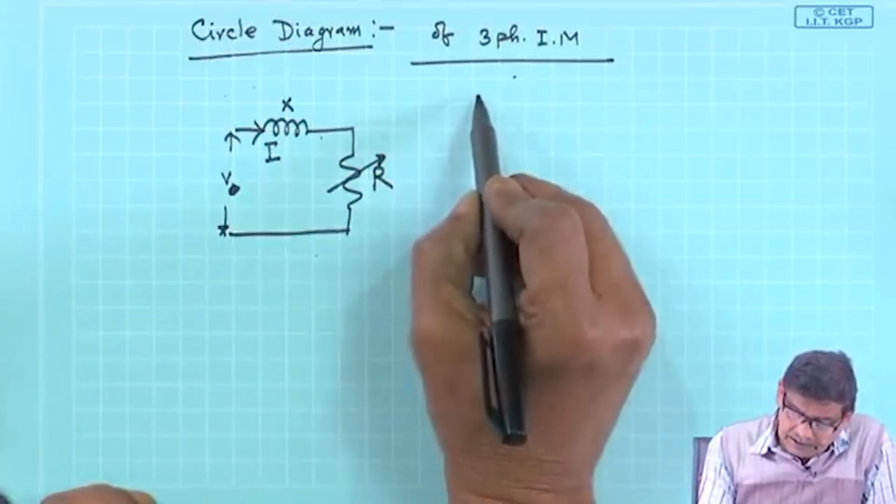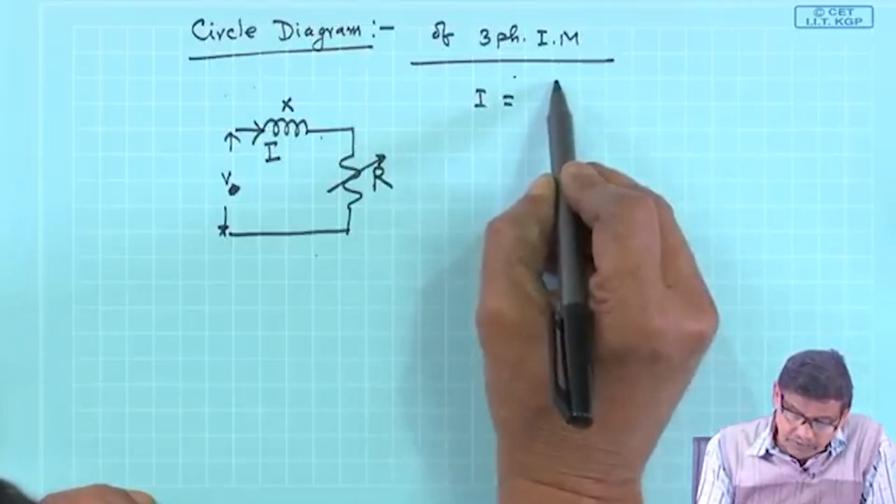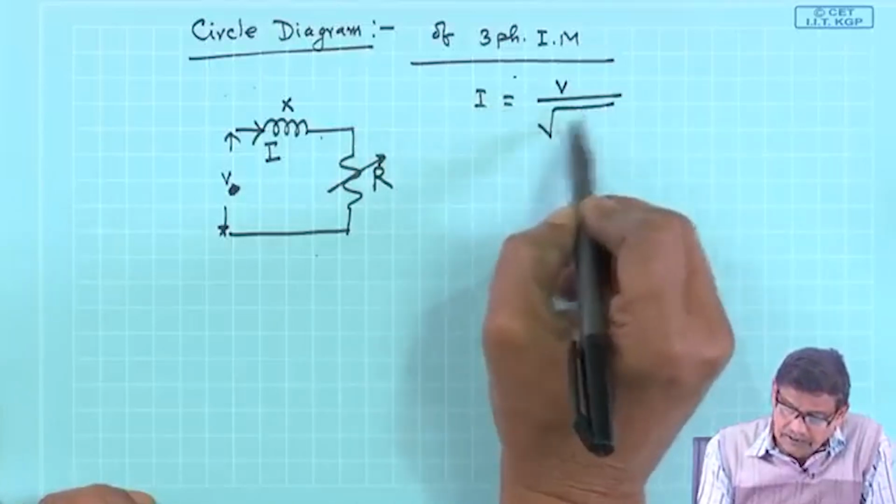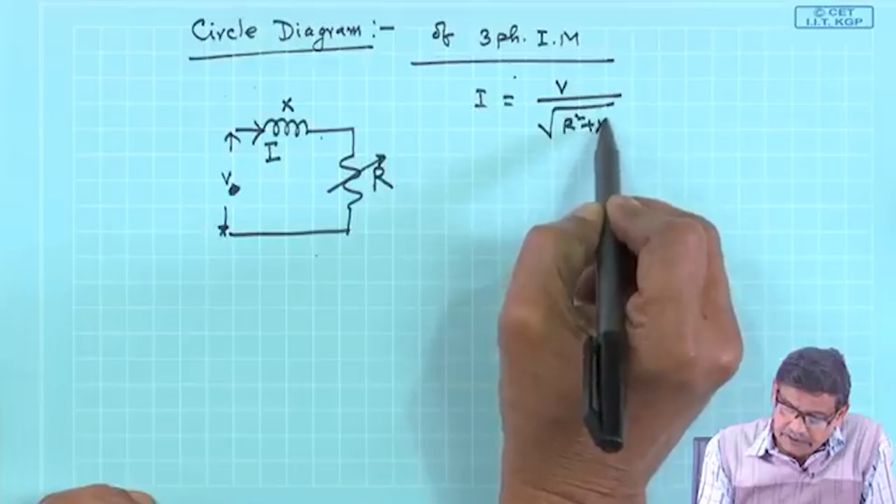Then obviously the magnitude of the current I is V over root of R square plus X square.